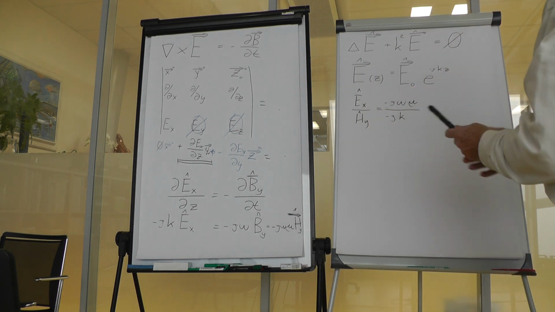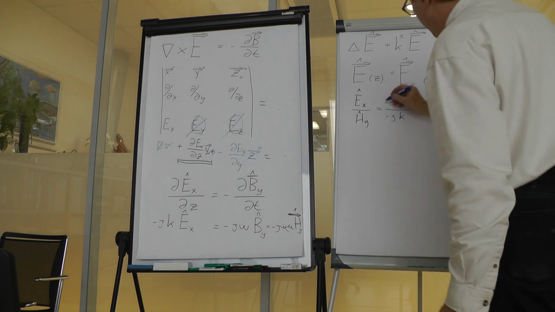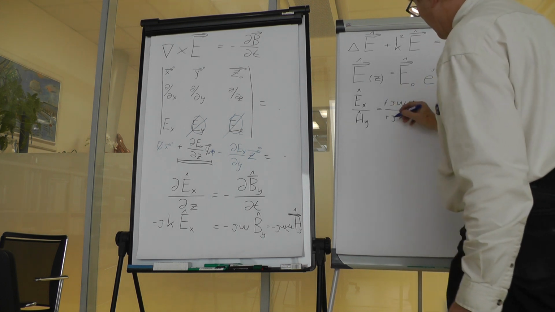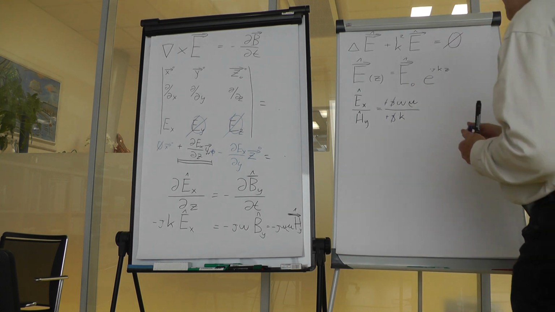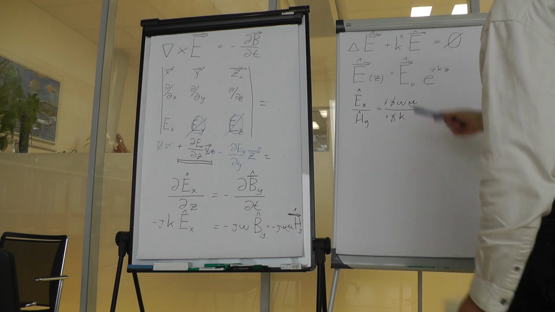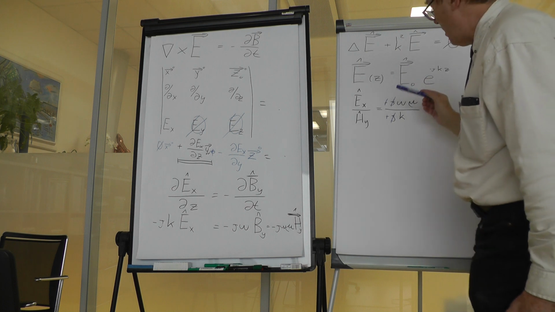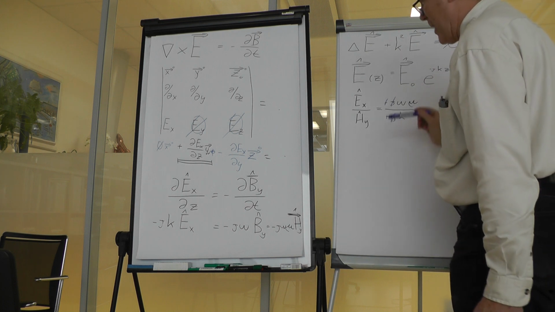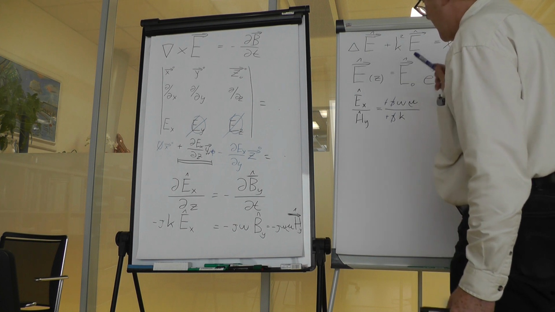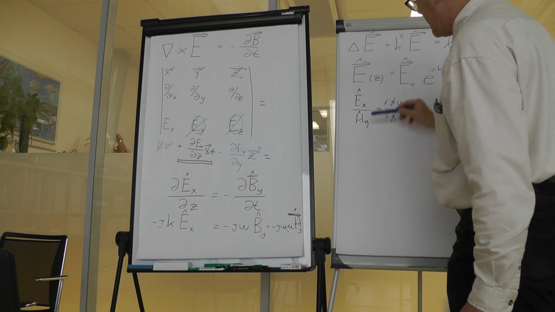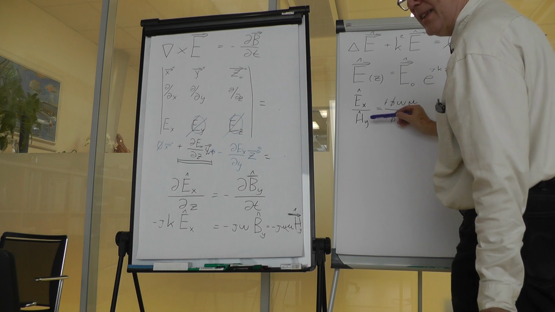So first we can cancel out minus, then we can cancel out j, and we have an expression that tells that there is a fixed ratio for a plane wave propagating in the z direction. There is a fixed ratio between the Ex and Hy component.